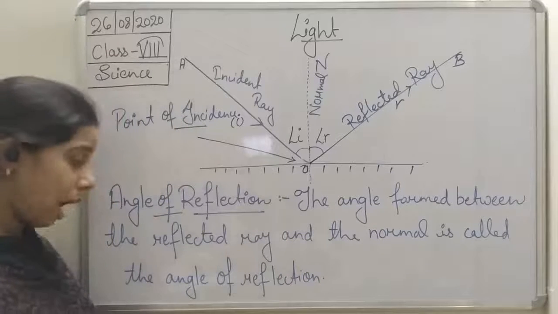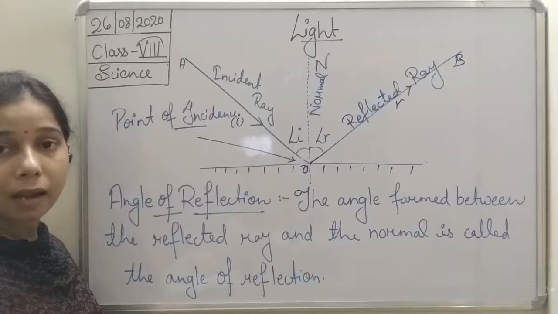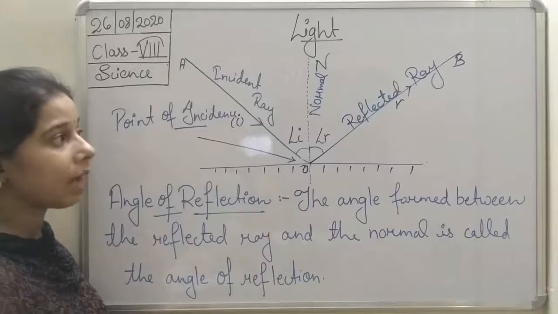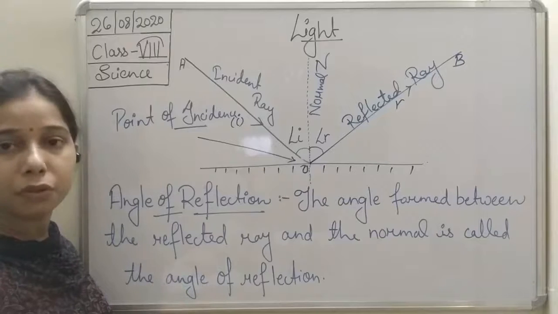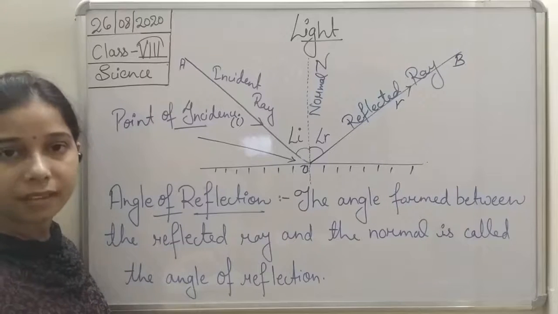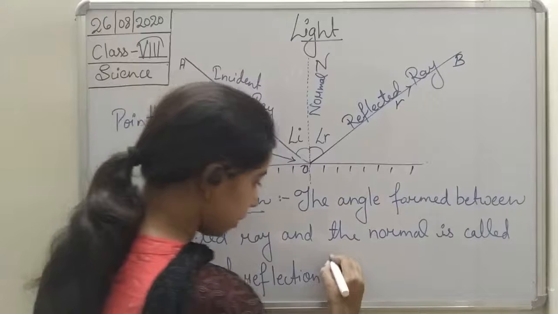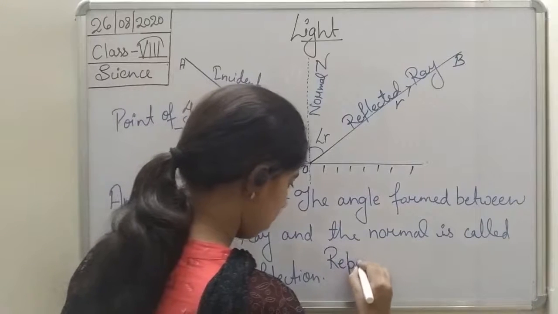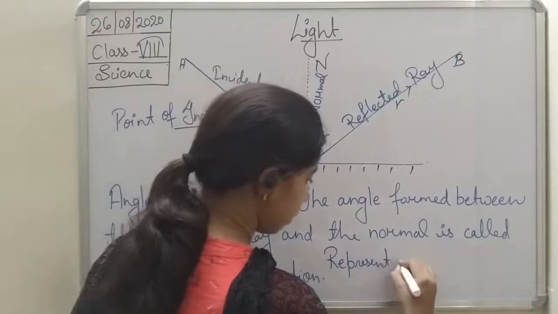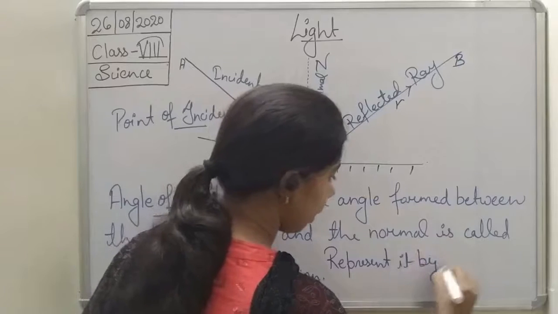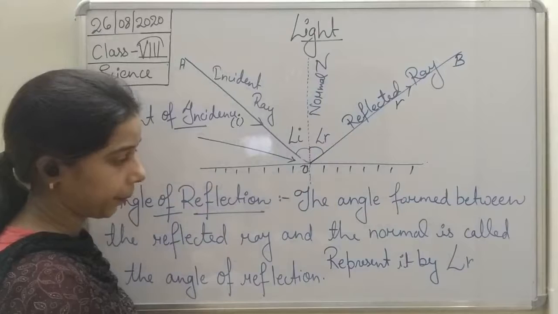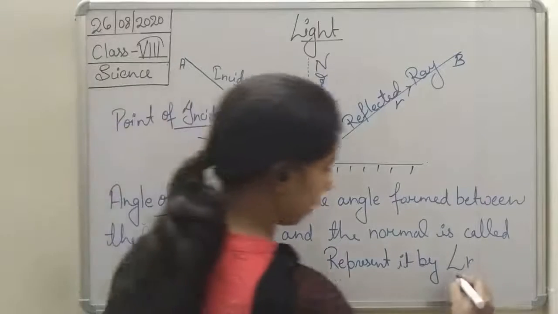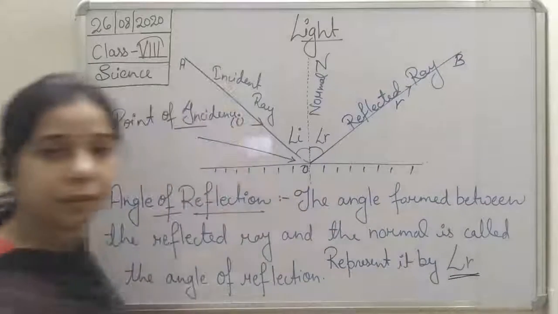Students, so what is the angle of reflection? The angle formed between the reflected ray and the normal ray is known as the angle of reflection. We can represent it by angle R.